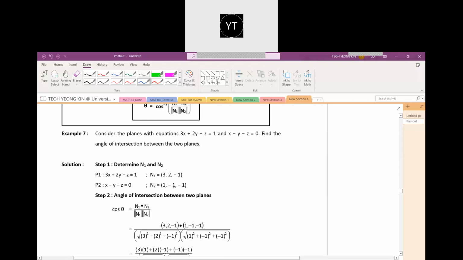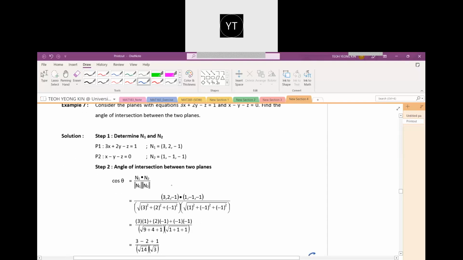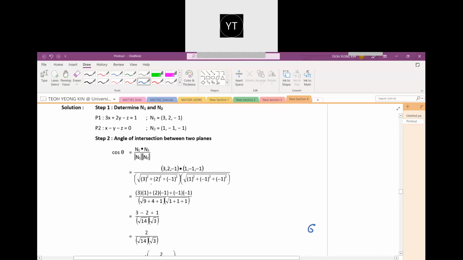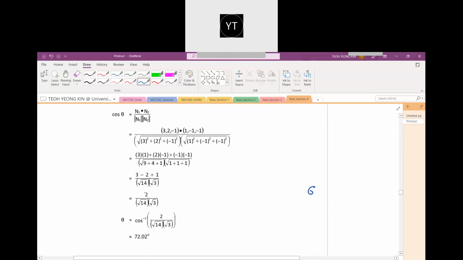So by using the dot product, cos theta is equal to the dot product of N1 and N2 over the magnitudes. This is the dot product, and this is the magnitude. From this you can find the value. Finally, the angle is the cos inverse of this, so you should find the angle.